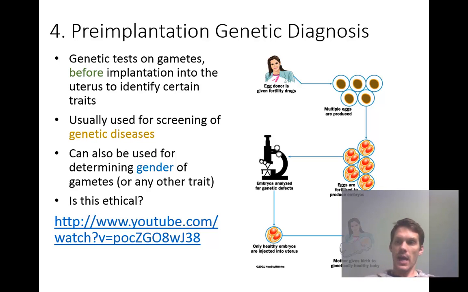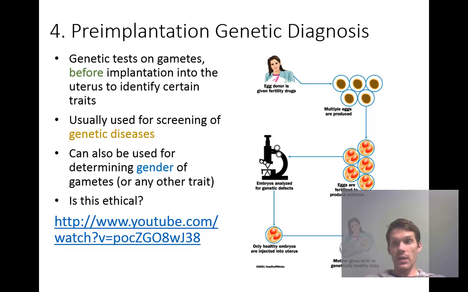Those eggs are taken out of the woman's ovary, and in a culture, you can fertilize them with sperm and grow them for a certain amount of time. Once they've grown, they split into multiple cells. You can then take one of those cells and do a genetic analysis on it. Once that has been done, you can decide which of those fertilized eggs you want to implant back into the uterus, and then that can develop.